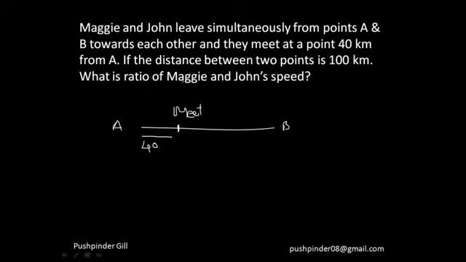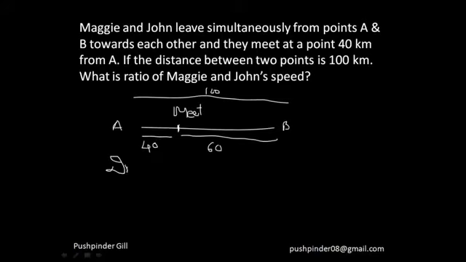Fine. And if the distance between the 2 points is 100 kilometers, that means this whole distance is 100 kilometers. That means the distance from this point to B is 60 kilometers. That means B has traveled 60 kilometers and A has traveled 40 kilometers. So let me write here.